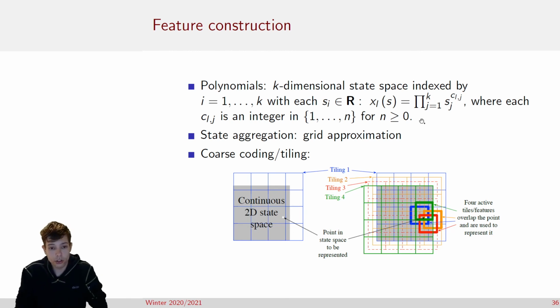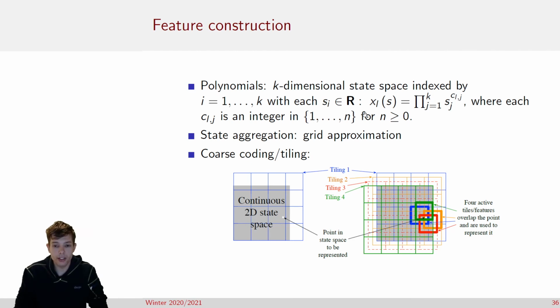We might construct features from polynomial bases. If we have a k-dimensional state space, we might want to map that into an n-dimensional feature state.